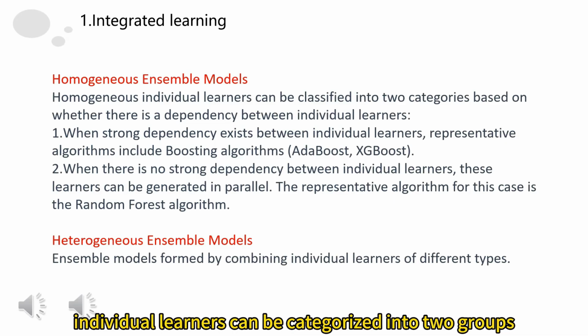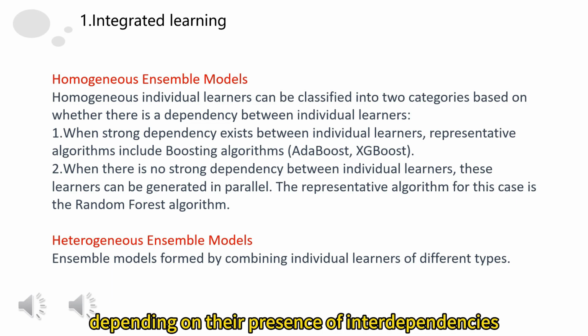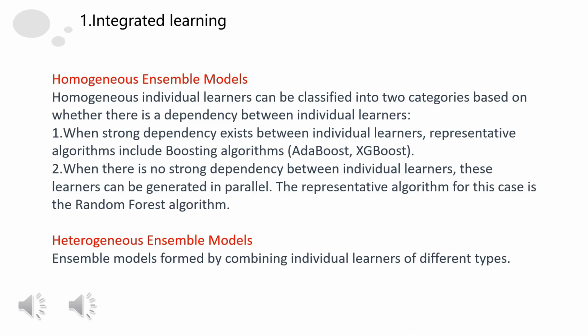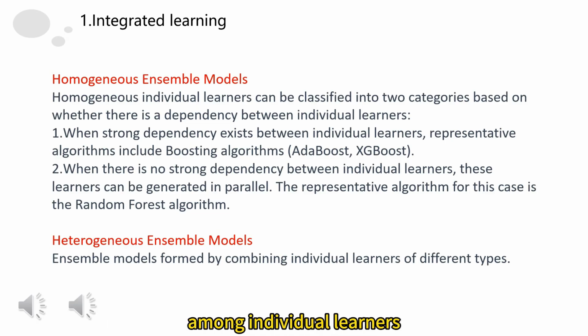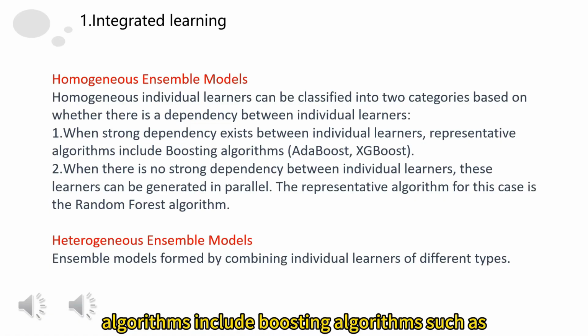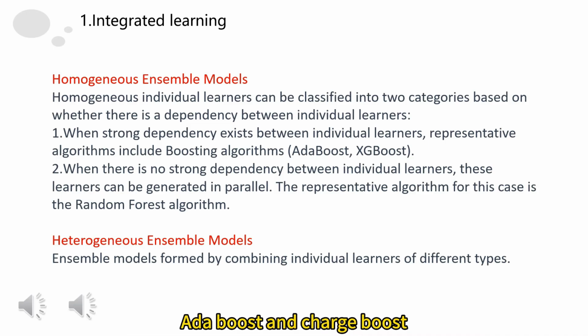Homogeneous individual learners can be categorized into two groups depending on the presence of interdependencies among them. The first is strong dependencies. In cases where there are strong dependencies among individual learners, representative algorithms include boosting algorithms such as AdaBoost and Gradient Boosting. The second is no strong dependencies among individual learners.